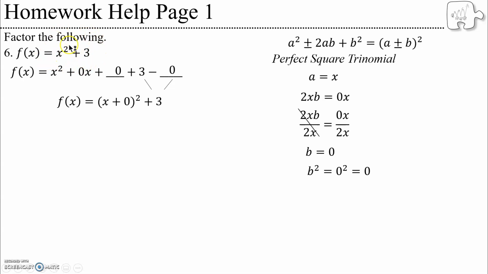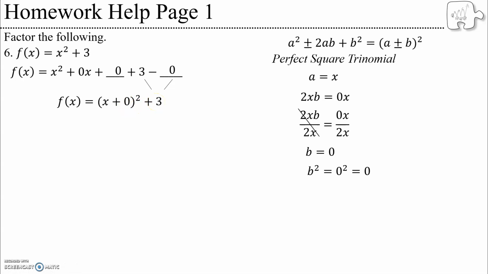But I definitely recommend for you guys who have trouble graphing to write it out like this, because then you'll know that the vertex is going to be at 0, 3. But we haven't been focusing too much on graphing, so I apologize if this concept is confusing.